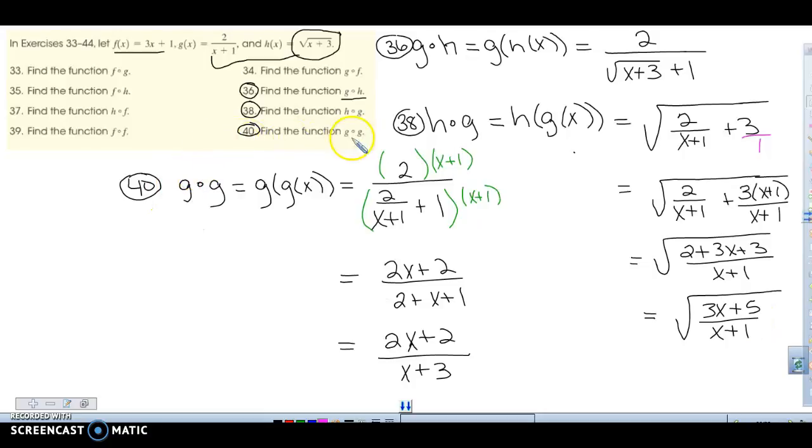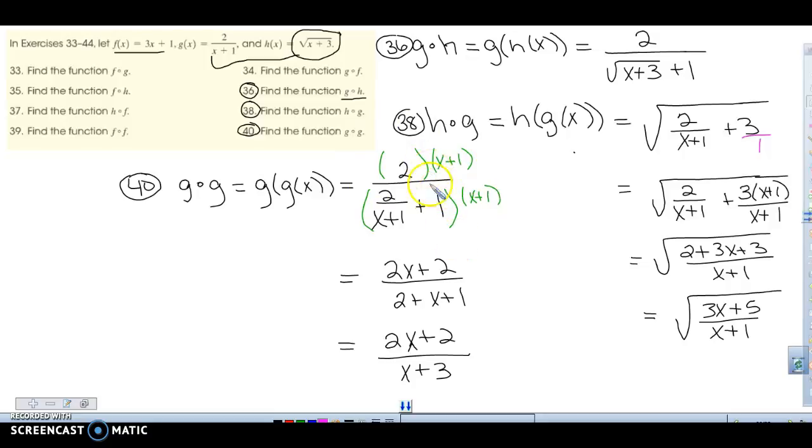And then finally, number 40, you have g composed with g. So you're plugging the g function into itself. Notice this is the g function. We're taking it and plugging it into the x here. So you have 2 on top, and then where the x is, we've put the entire g function right there, 2 over x plus 1, and then the other plus 1 right there. This creates a complex fraction.